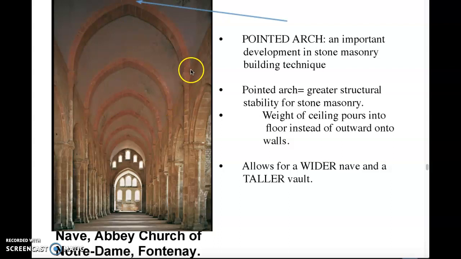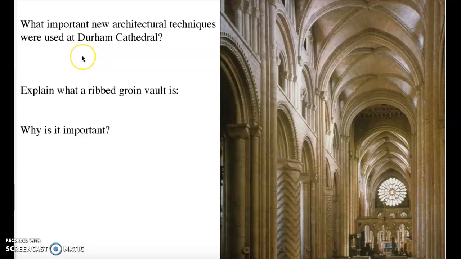A lot of those Romanesque buildings, if you look at the photographs in the chapter, tend to be sort of like tunnels, the naves. Now you have an ability to add your height, give a more spacious width, and this is going to be so significant for the design of these stone cathedrals. So that's why Durham Cathedral is so important at this point.